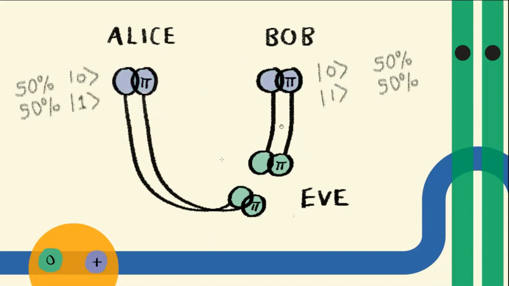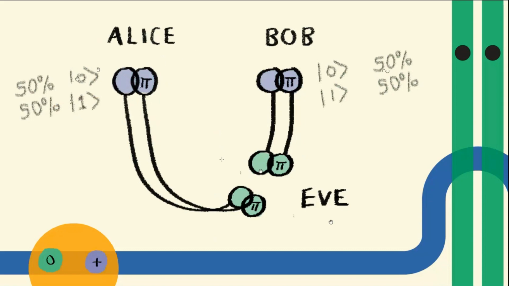But let's take the scenario where Eve happens not to choose the same color as Alice and Bob. Well, in that case, she's going to disturb the situation, and Alice is going to measure 0 or 1 with a 50-50 chance, and Bob is also going to measure 0 or 1 with a 50-50 chance, and there's no correlation between what Alice measures and what Bob measures.